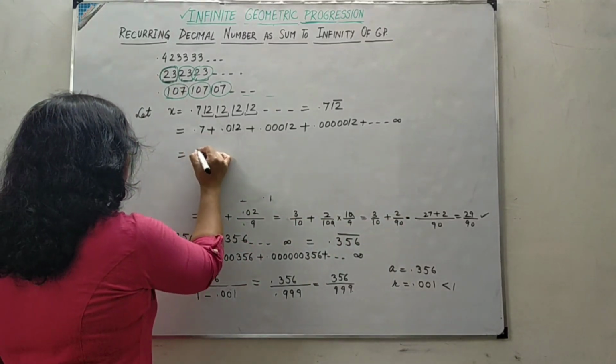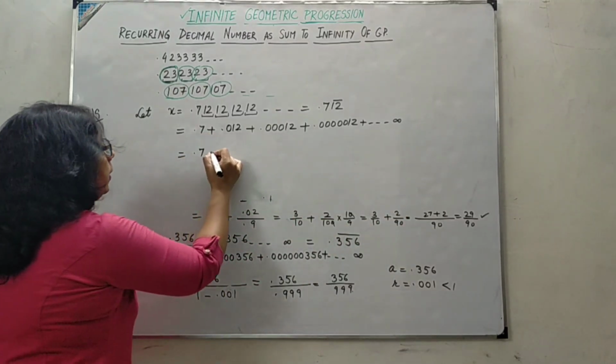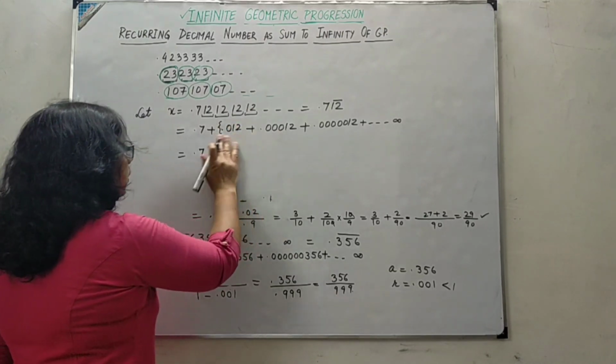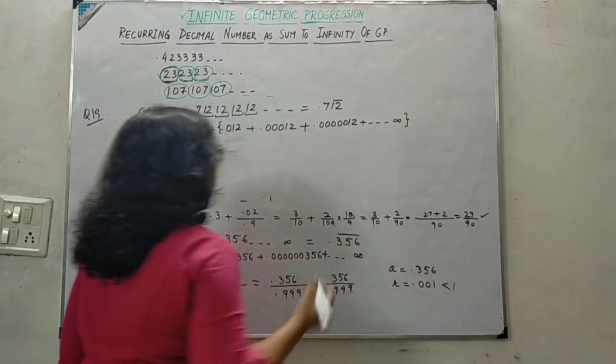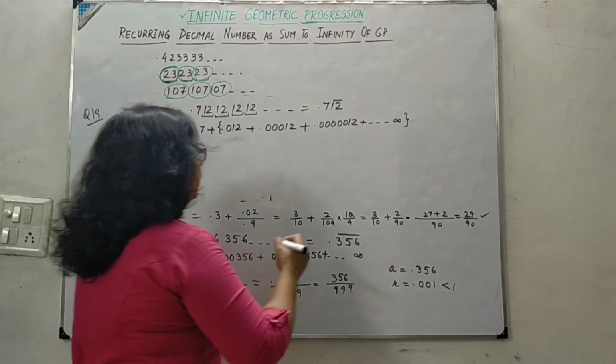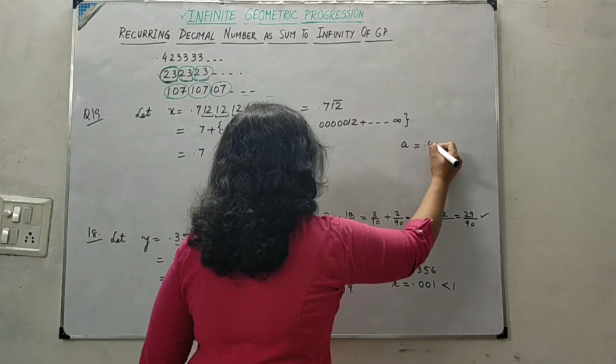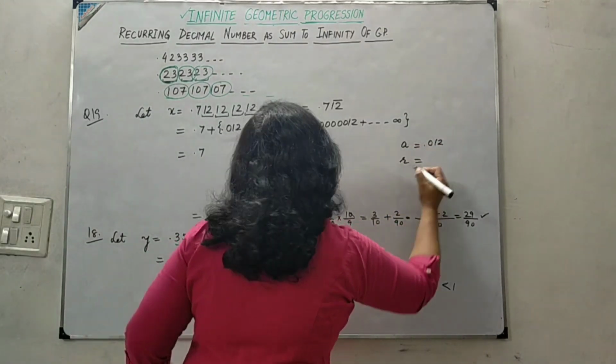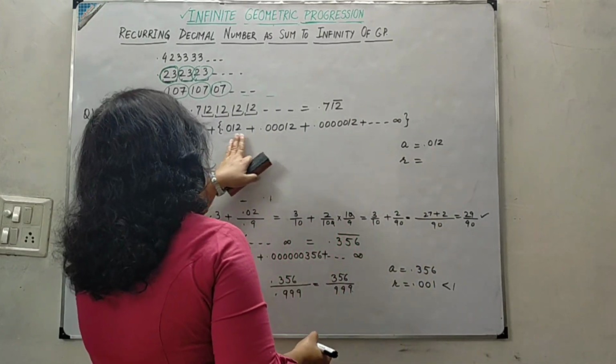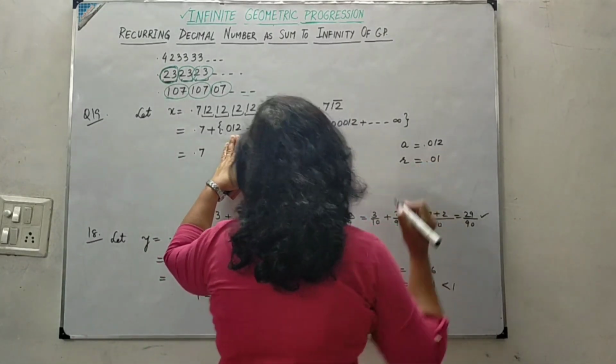Again you can leave the 0.7 in the first place and you can apply infinite GP in this bracket. Again I can see first term as 0.012 and the common ratio you can see over here as 0.01.